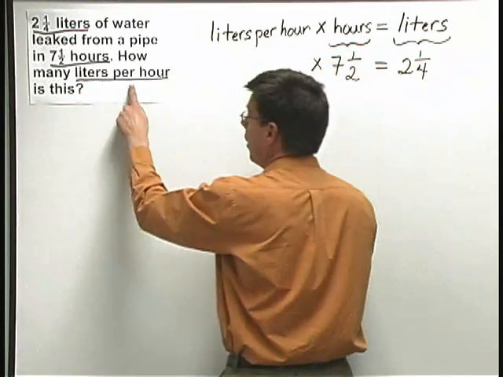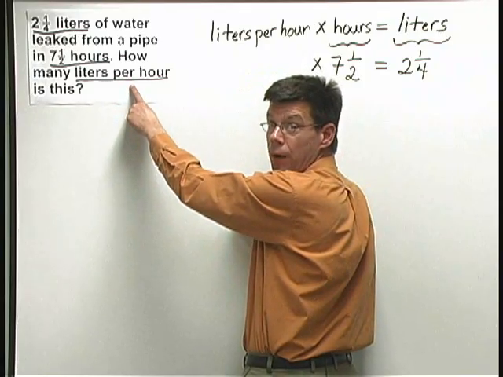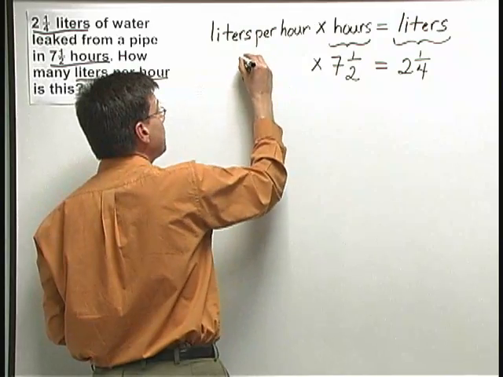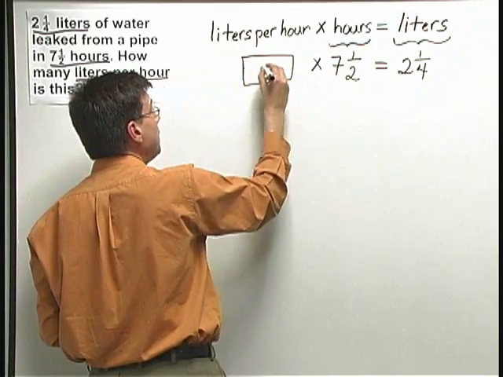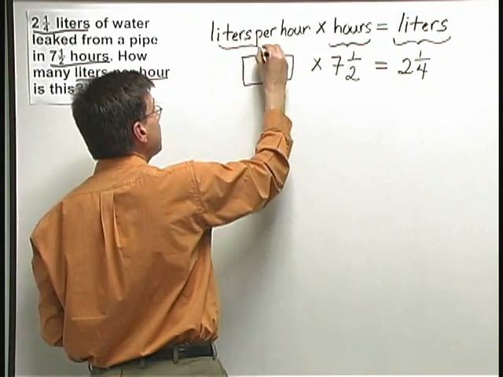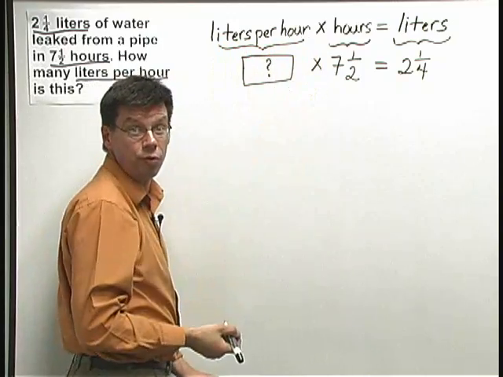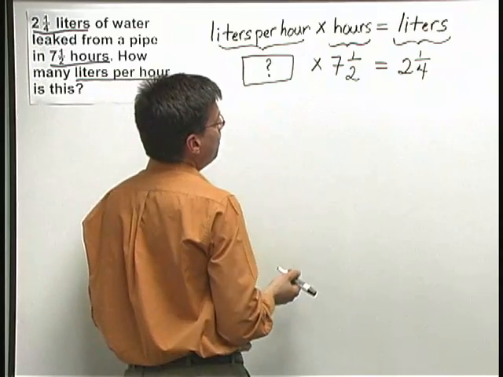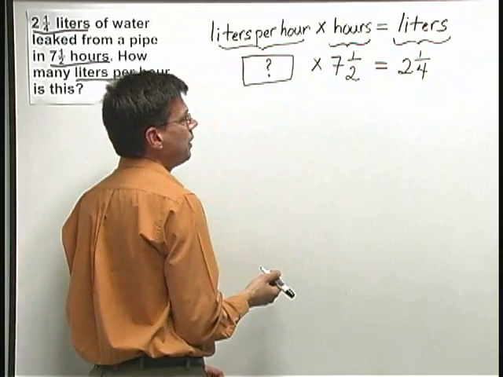And what we're trying to find is the rate. How many liters per hour? The liters per hour goes right here. I'll write a box because that's what we're trying to find. I've set up a missing number statement here.